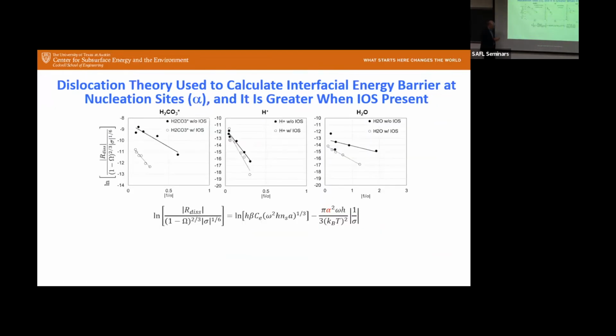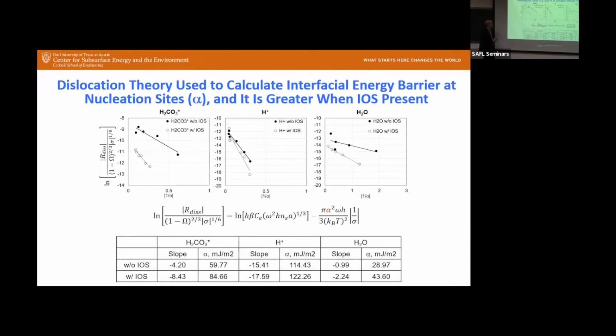There are a couple of different approaches we used to interpret this. One of these came from dislocation theory, and I don't have time to get into this, but the basic assumption is that you need a certain activation energy to start the nucleation pit. If you go through this theory, you can look at the rate of your etching with and without IOS, and it's a function of the saturation state in the fluid, as well as the properties of the material.